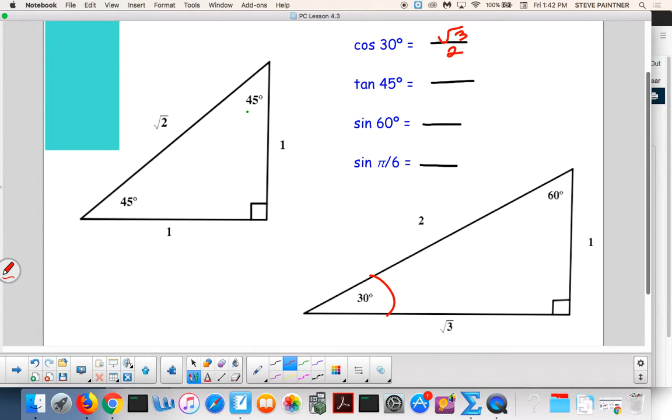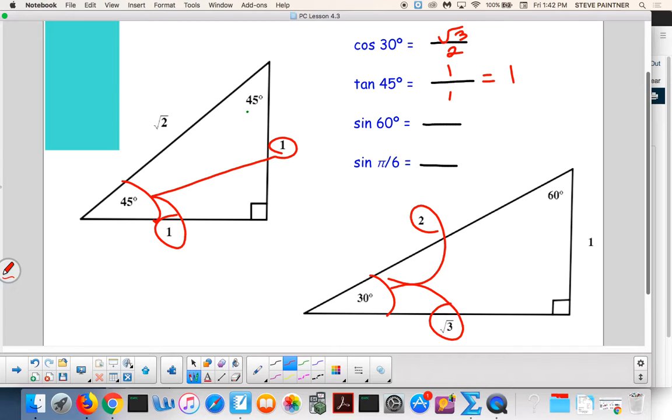Yeah. 30, adjacent over hypotenuse. She got it right. Tangent of 45, Brandon. Here's 45. What is it? He says 1. Opposite over adjacent, 1 over 1 is 1.